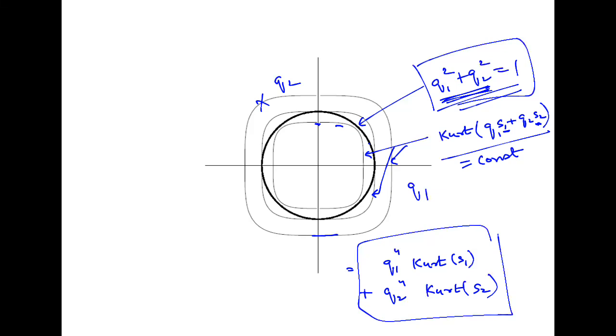Here, the points of optimality are identical to the axis locations: this point, this point, this point. These are the 4 points that maximize my kurtosis, and they correspond exactly to Q1 equal to plus or minus 1 or Q2 equal to plus or minus 1. So this again shows pictorially how kurtosis maximizes the non-Gaussianity and actually helps you recover the components.